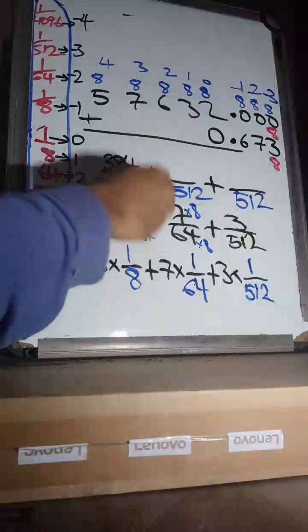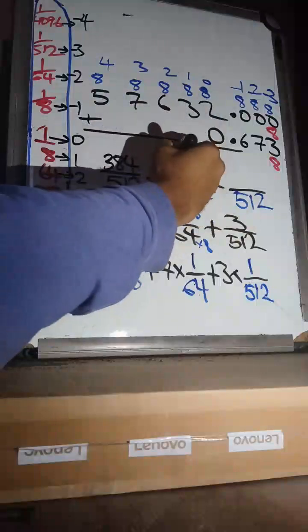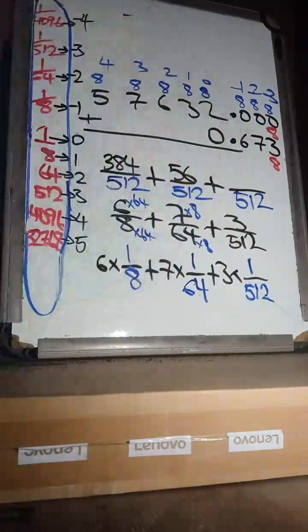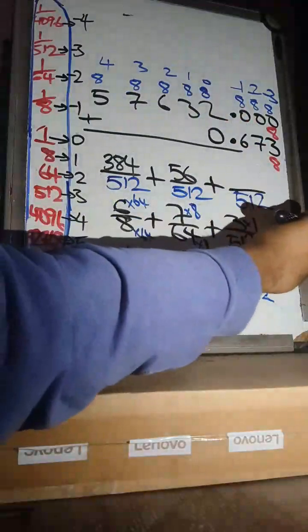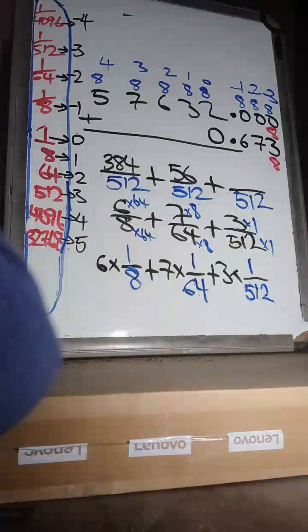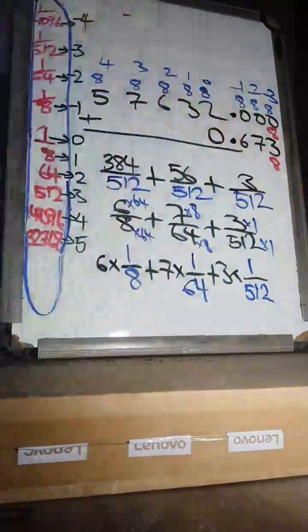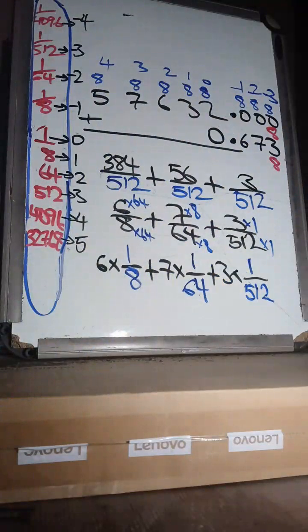Alright, so 6 times 64 give us that, 7 times 8 will give us 56. And of course, this don't need to change. You can just multiply that by 1, that by 1. Yeah, this is a lot more tedious.